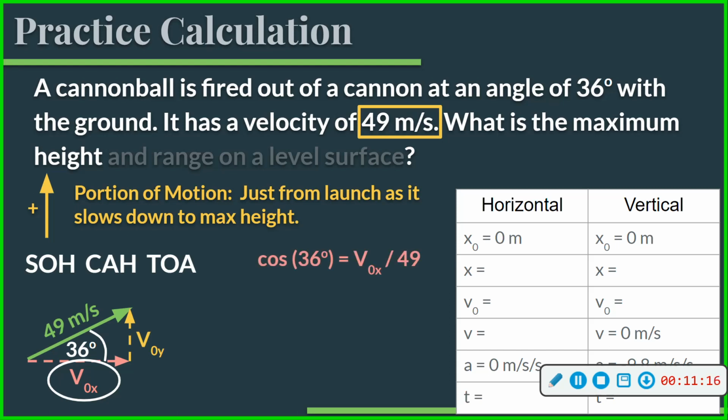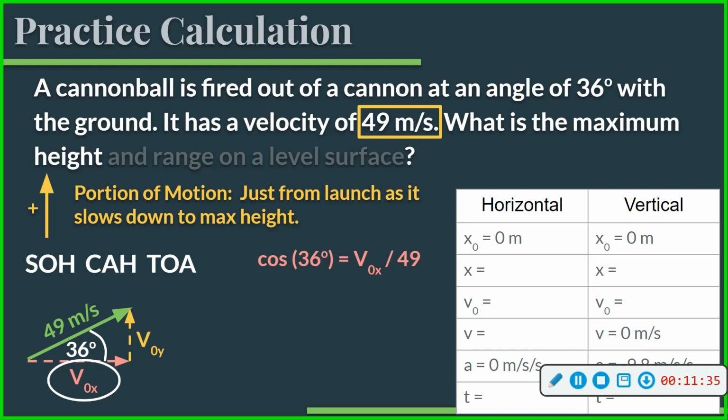to find our velocity in the x direction, since that's the adjacent side, right, cosine of 36 is going to equal our V naught divided by 49, right? So remember, cosine is adjacent over hypotenuse. The hypotenuse is 49, we know that.